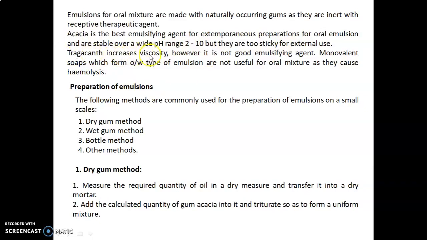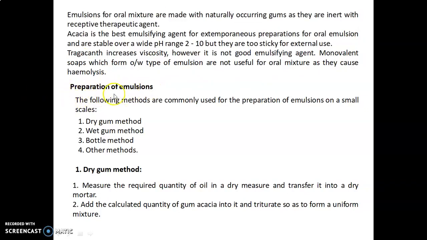Tragacanth increases the viscosity, however it is not a good emulsifying agent. The monovalent soaps form O/W, that is oil in water type of emulsion, in which oil is the internal phase while water acts as the external phase. This O/W type of emulsion is not useful for oral mixtures as it causes hemolysis.